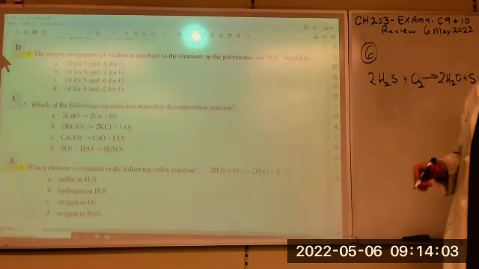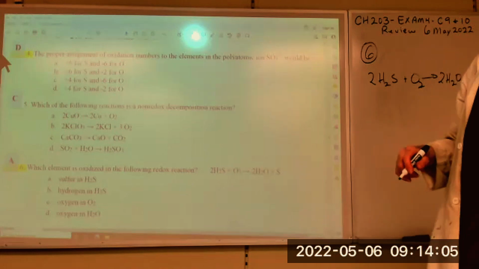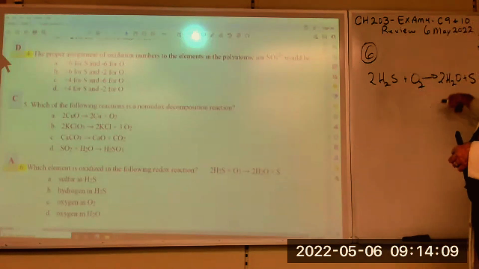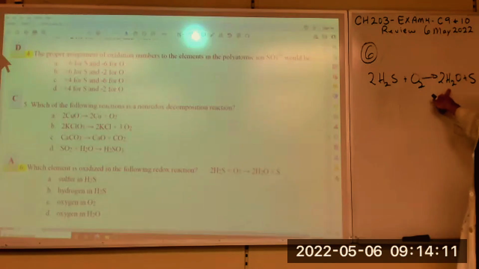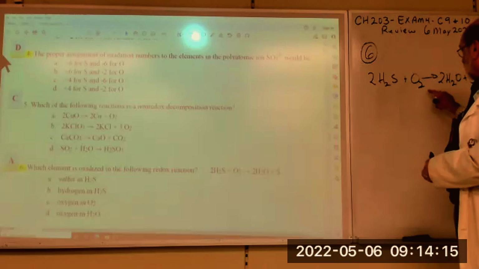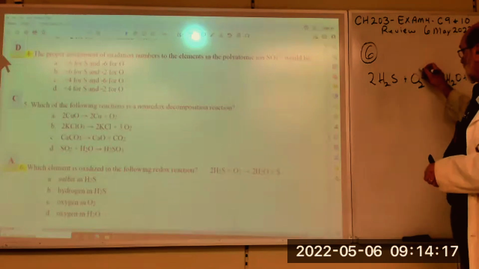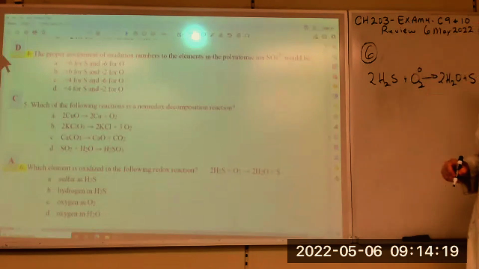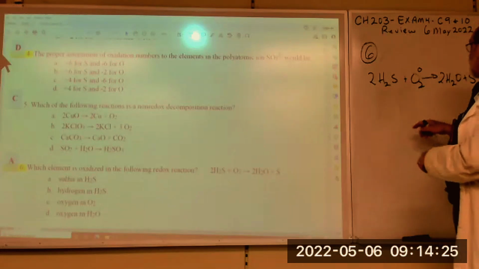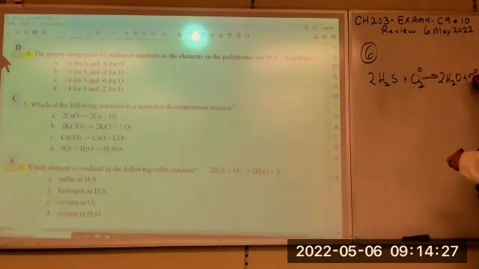But you can deduce that it's a redox reaction by our rule of thumb, right? You've got an element here, it ends up in a compound over here. That's always redox. So this is an element, which means it has to be a 0. This is an element, it has to be a 0. Now, water should actually be memorized.